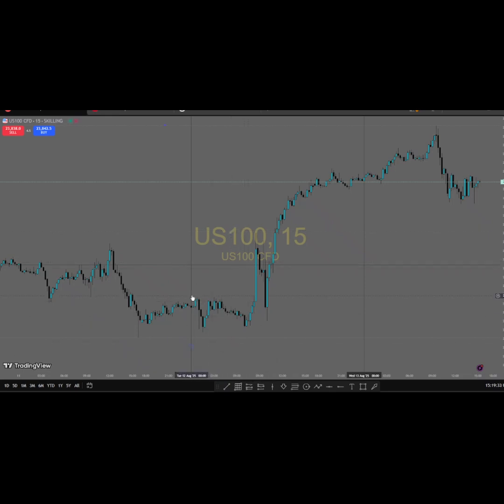All right. So this vertical line here, I've marked the midnight open as usual. As I've been telling you in the past trade breakdowns, I always mark the midnight open because it is a crucial price point, and I am a time and price trader. So midnight open is quite a crucial time, and the 8:30 open as well as the 9:30 open.